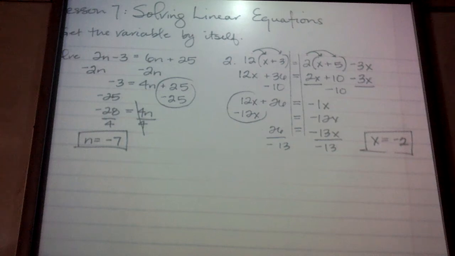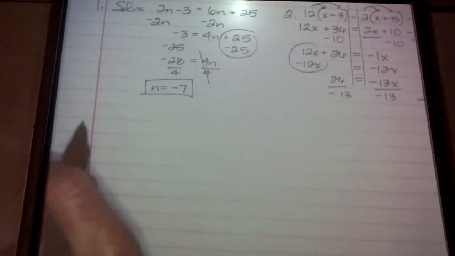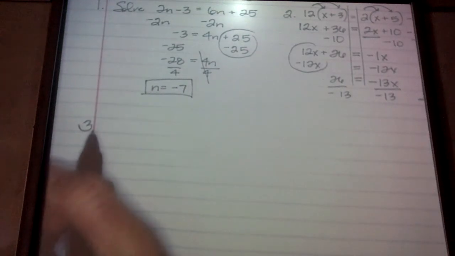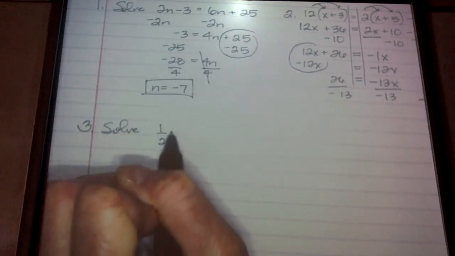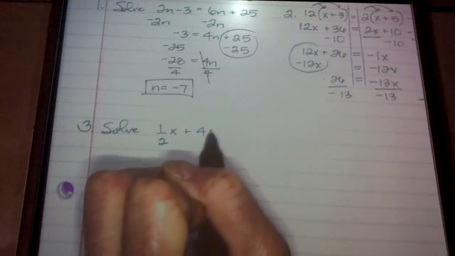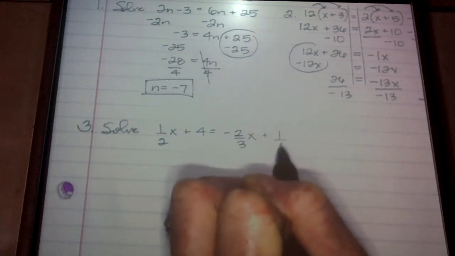Okay? Now, another type of problem I'd like to go over with you is what to do when we get a ton of fractions. So number 3, solve 1/2 x plus 4 equals -2/3 x plus 1/2.